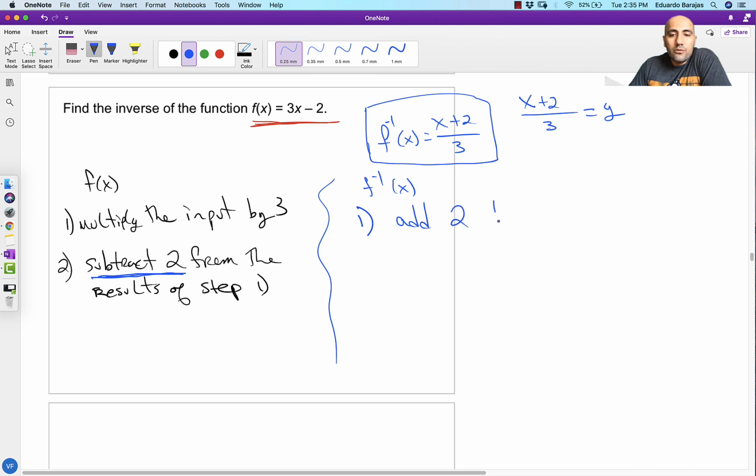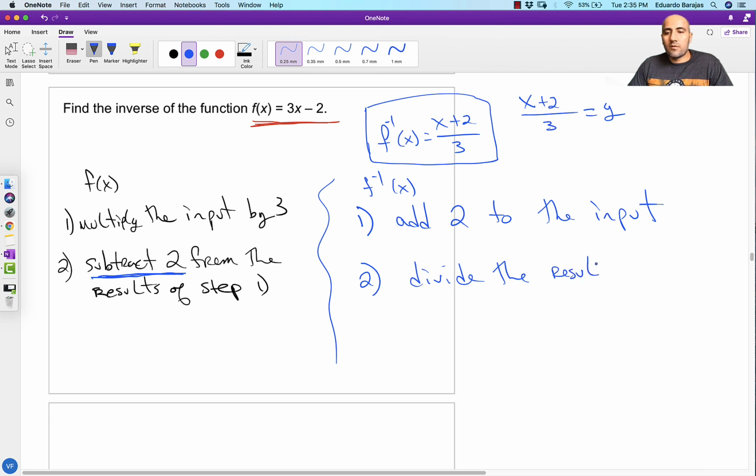Add 2 to the input. And then step 2, the opposite of multiplying the input by 3 is to divide the results of step 1 by 3.